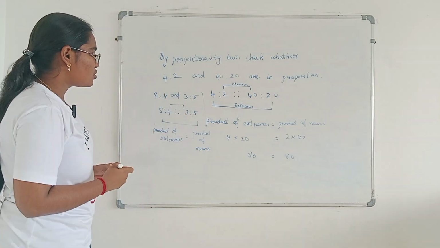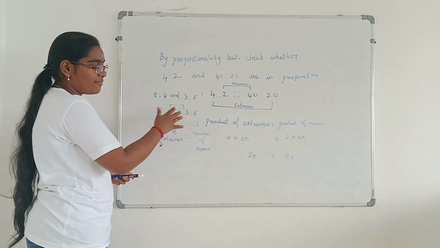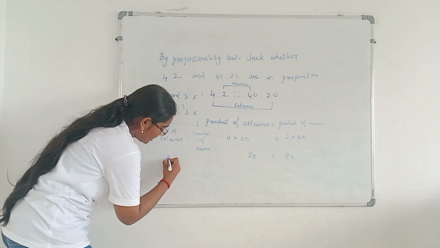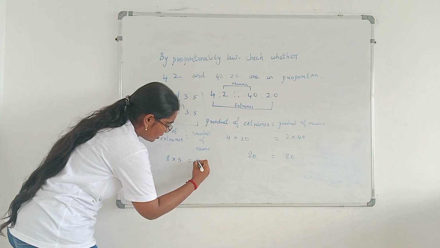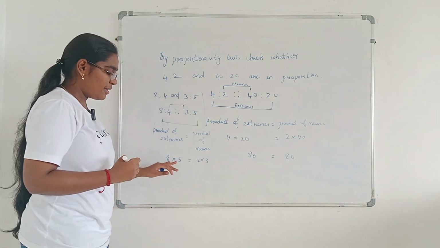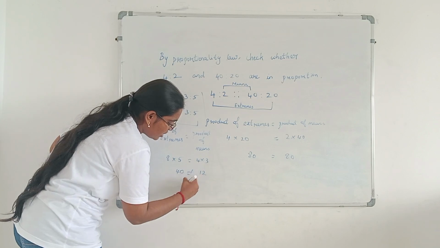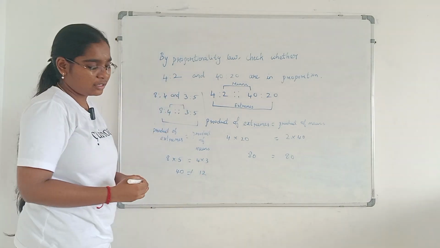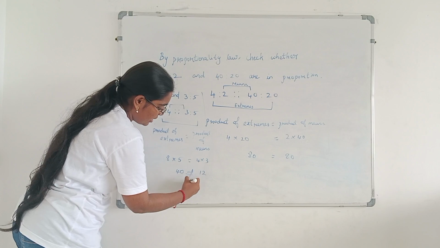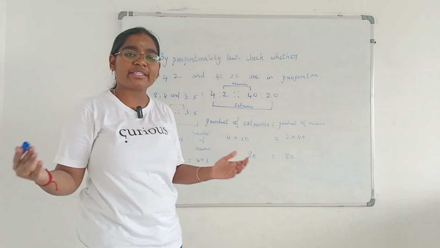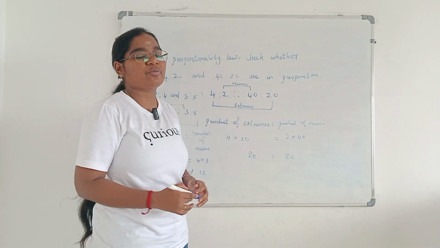What are the extremes? 8 and 5 are extremes. Means are 4 and 3. So 8 into 5 equals 4 into 3. 8 fives are 40. 4 threes are 12. Which is not equal. So these two ratios are not in proportion according to proportionality law.